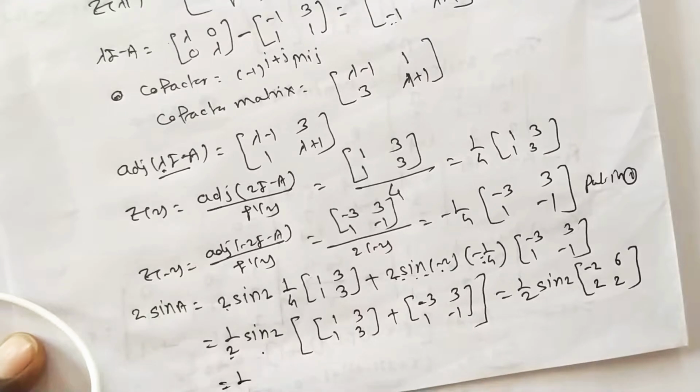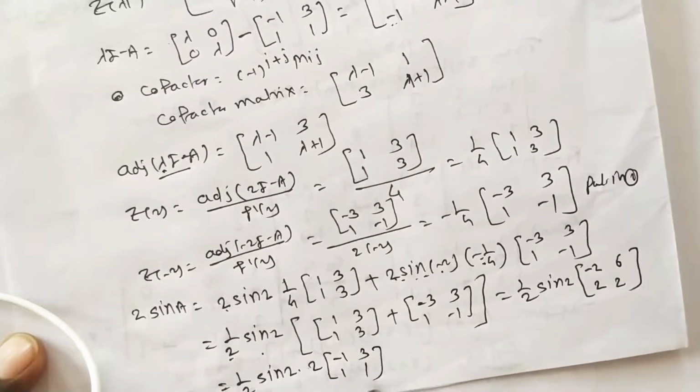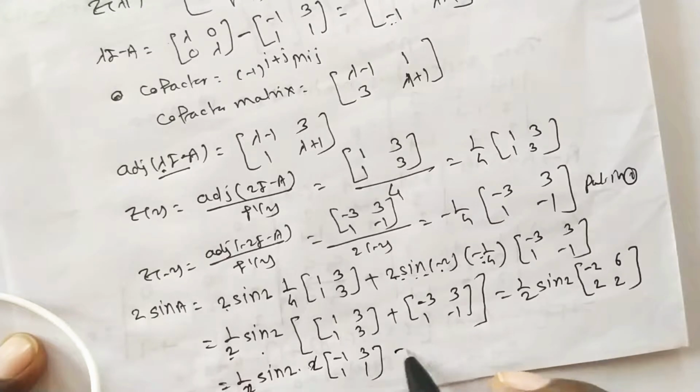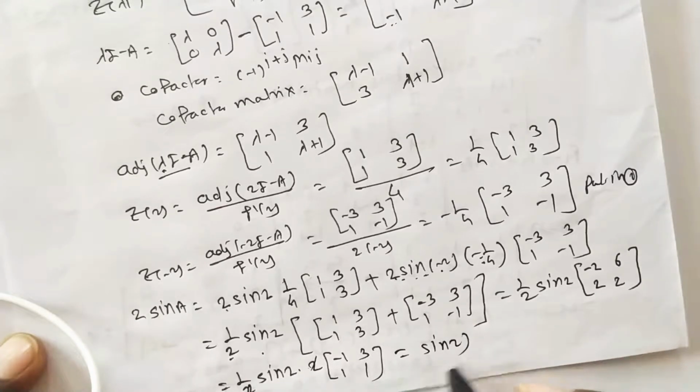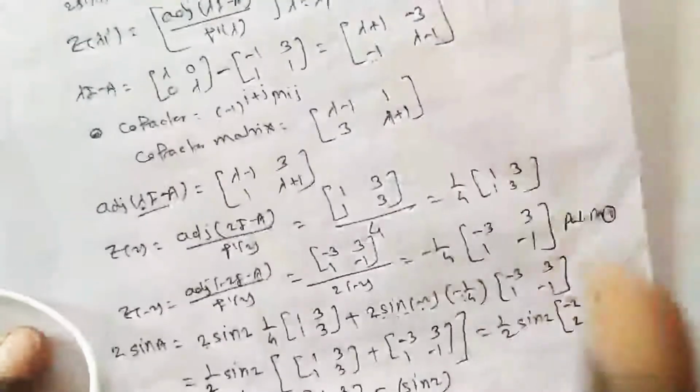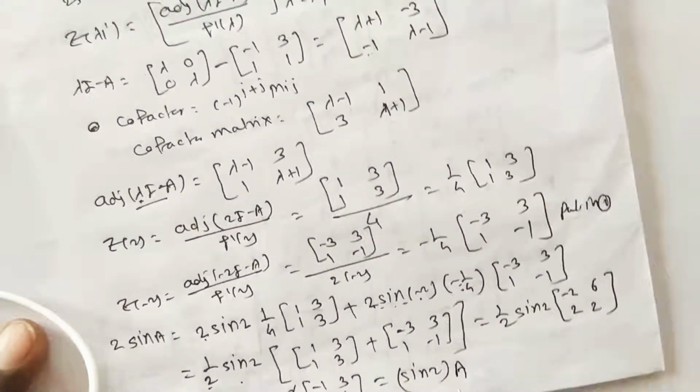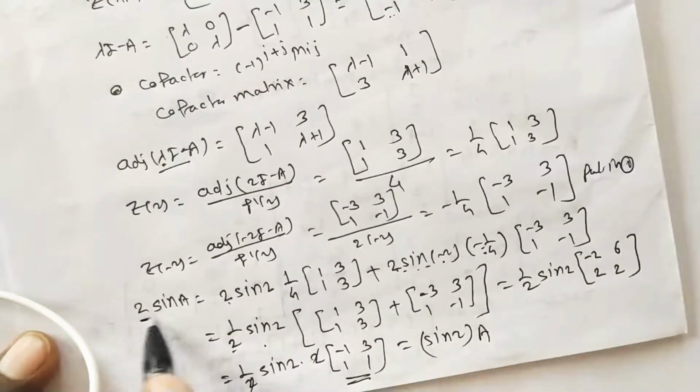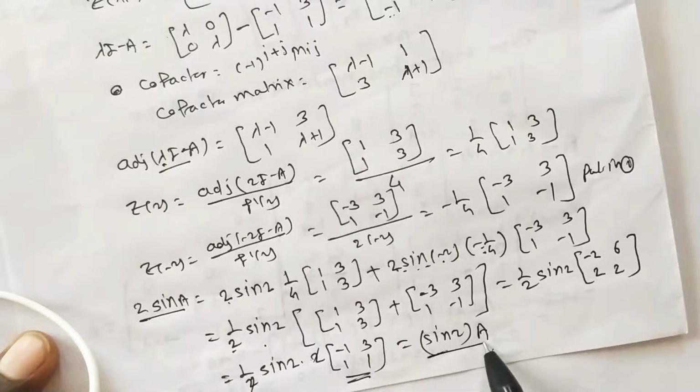Then we get 1 by 2 sin 2 into 2 of minus 1, 3, 1, 1. So these two get cancelled, and it is equal to sin 2 into minus 1, 3, 1, 1. This is the given matrix, minus 1, 3, 1, 1. So this is equal to A. So this shows that 2 sin A is equal to sin 2A.